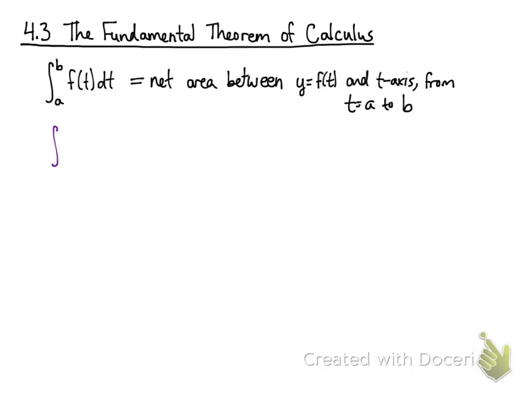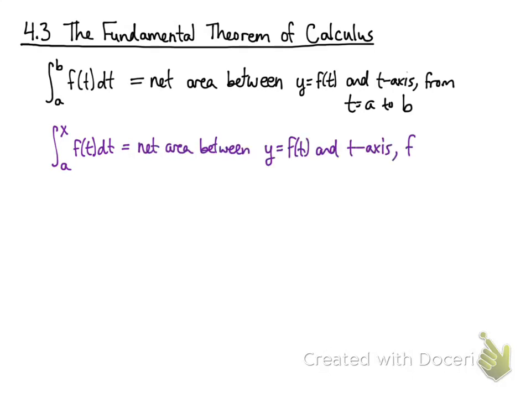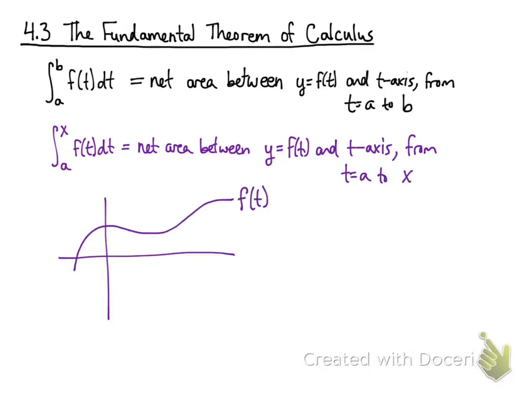If I replace that b with an x, that's just another variable, I get that this integral, the integral from a to x of f of t dt, is the net area between f of t and the t-axis from t equals a to x. So in a picture, there's f of t, there's a, and there's x, and that's the area. If it went below the t-axis, it would be a net area, but same idea.